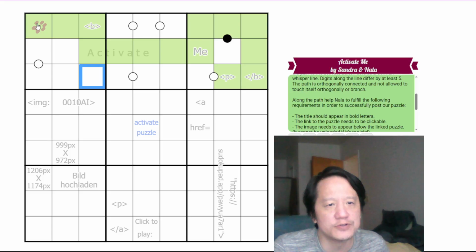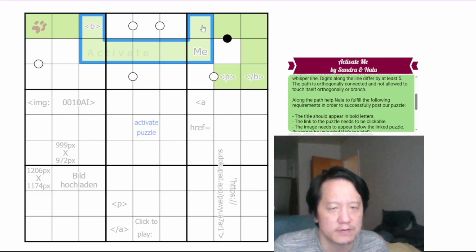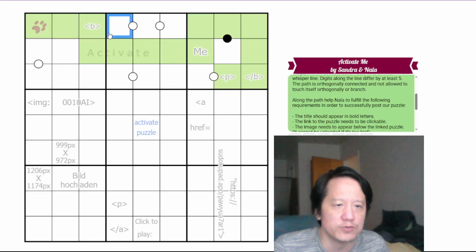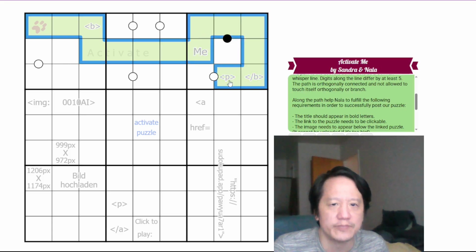You have to alternate between low and high digits on the Whisper 5 line. So we know that these will be alternating different colors. We just don't know what the colors are.